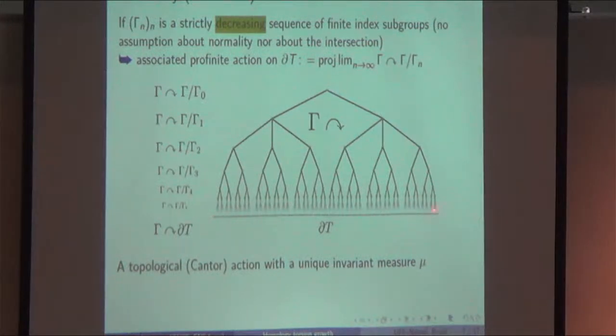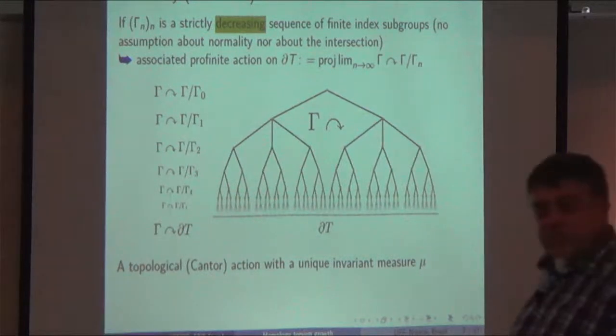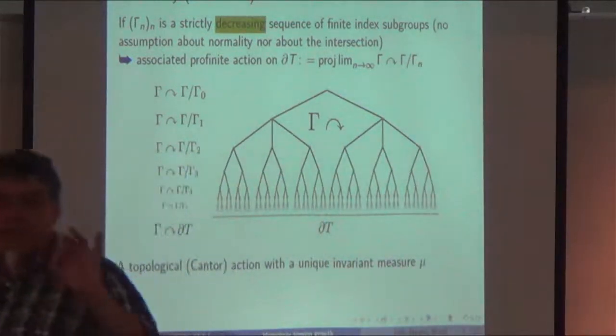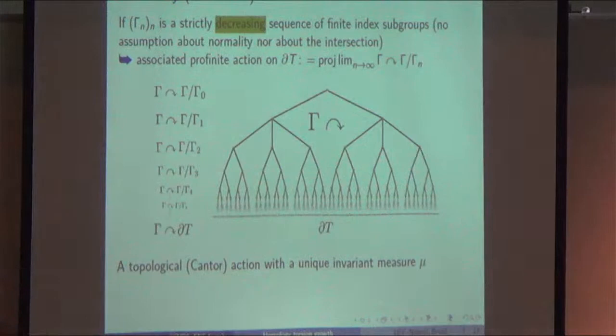And it has a boundary, of course, and the group acts on each level so that it acts on the boundary. On each level, you have a unique invariant measure, which is just the atomic measure on the finitely many points, the fair measure. And so, in the end, you have a topological Cantor action with a unique invariant measure. Okay? And this is the type of action Olga alluded to this morning.